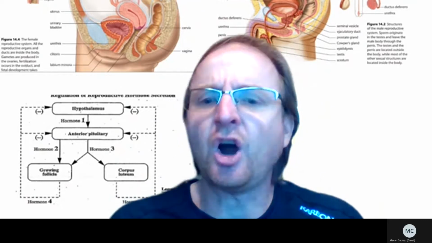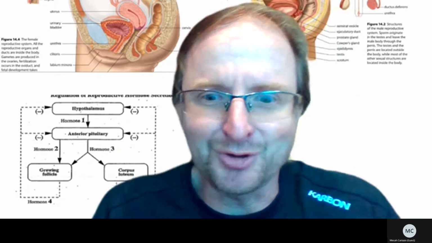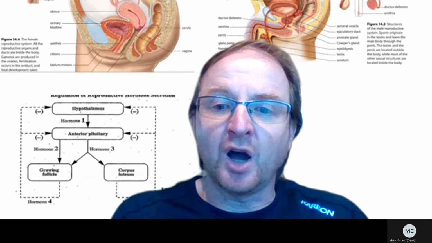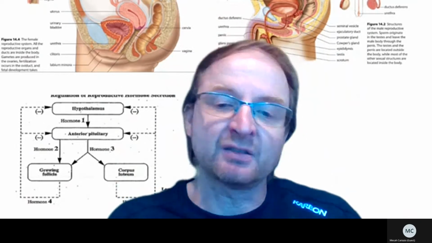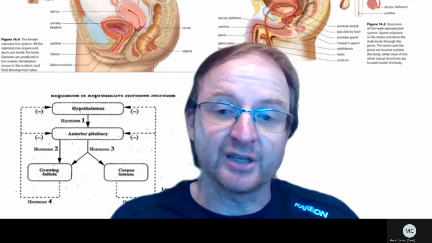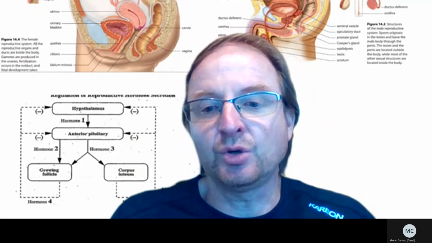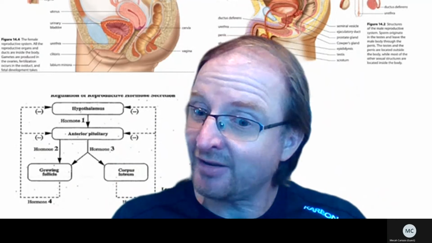Because remember, hormones have a target, right? We've learned that in Unit 2, the hormone unit. The target for those two hormones are the same in males and females. In males, it's the testes, and in females, it's the ovaries. What luteinizing hormone is going to do in the testes is get them to produce testosterone.